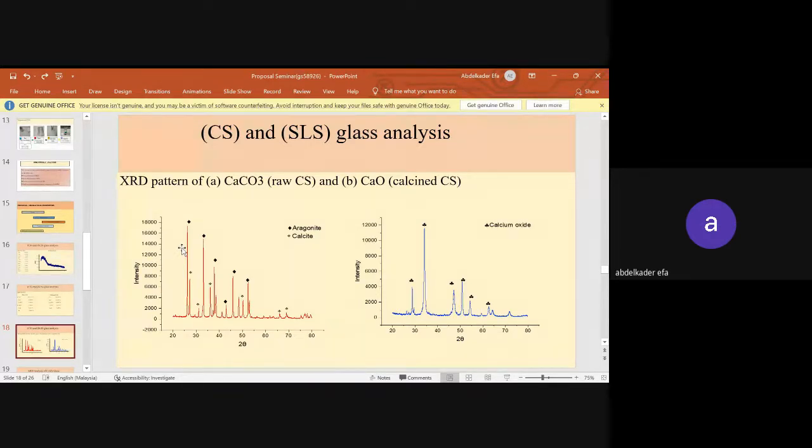This result confirmed that the raw clamshell consists of calcium carbonate as a single major crystal phase. The crystalline phase of calcium carbonate is made up of two different crystal systems known as aragonite and calcite.